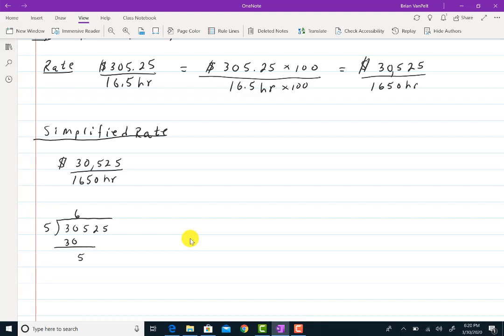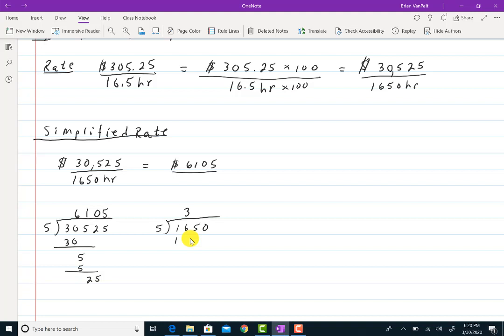And then I can bring down a 5. 5 goes into 5 once. And so I can bring down a 2. 5 goes into 2 0 times. Then I bring down the 5. Good. So in the numerator, I'll have 6105.